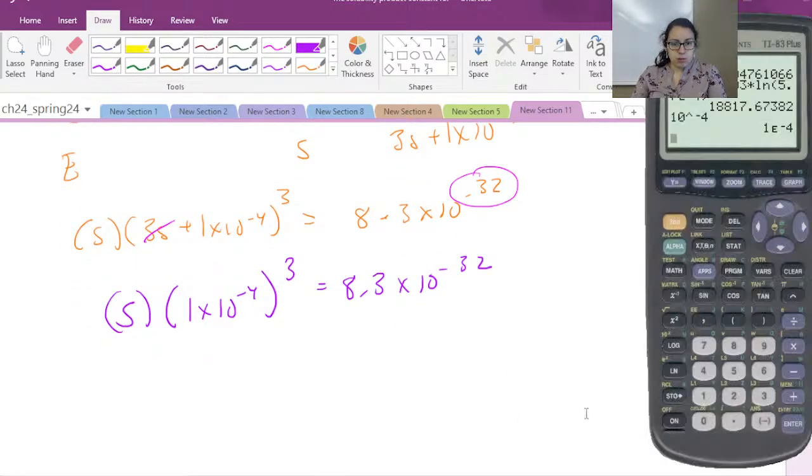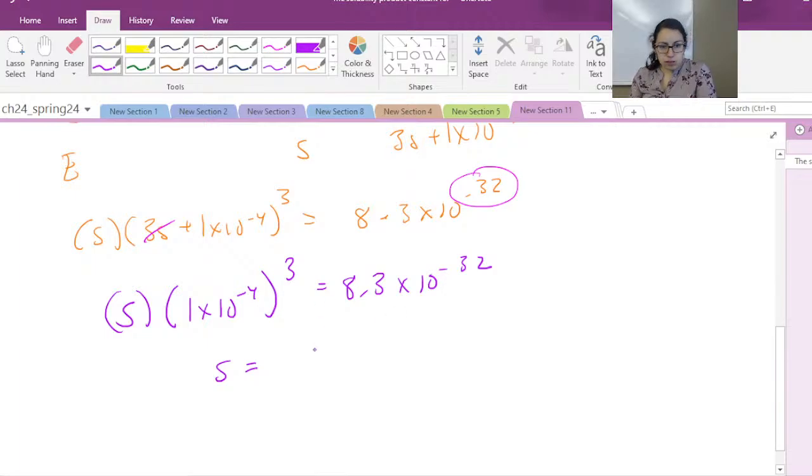So now solve. Then we get our S is 8.3 times 10 to the negative 20th.